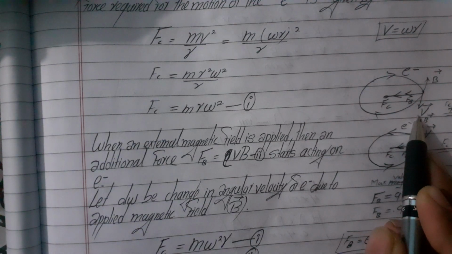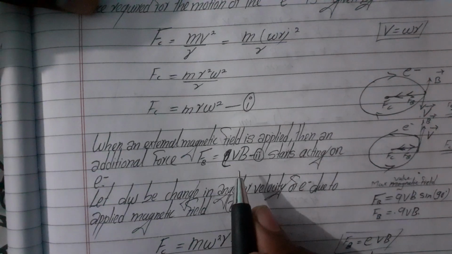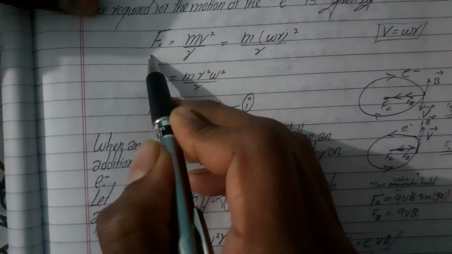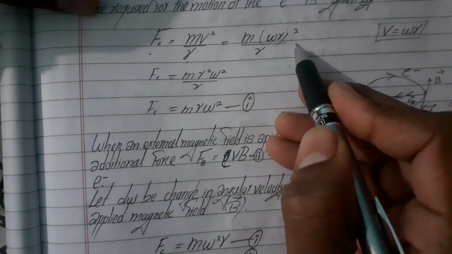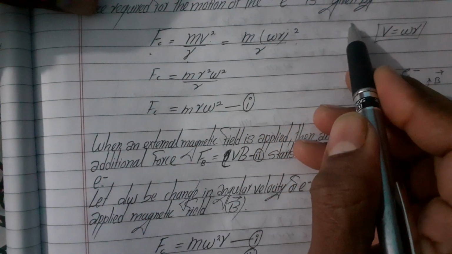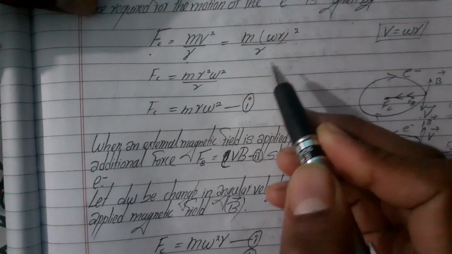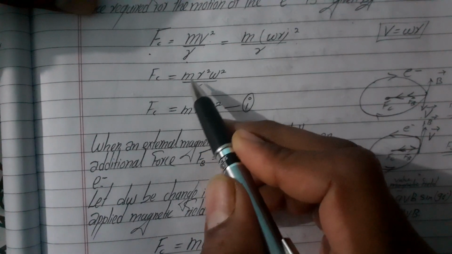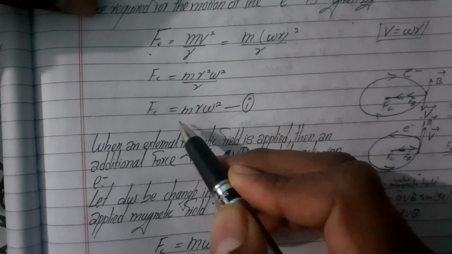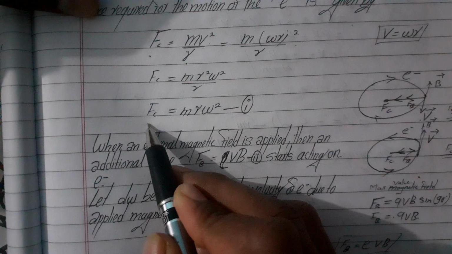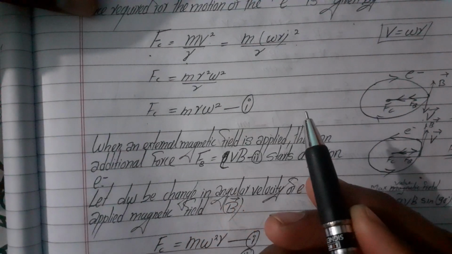The necessary centripetal force required for the motion of the electron is given by mv square by r, and here v is equal to omega r. Then we replace v with omega r, and we get Fc is equal to m r omega square.